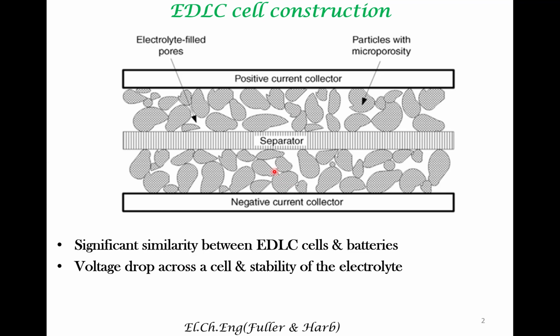So what is important to understand is that the electrolyte, which is filled in between the pores, has a specific voltage window wherein it is stable. For example, if you have an aqueous capacitor, then the voltage window of stability for an aqueous capacitor is quite different from that of a non-aqueous capacitor.